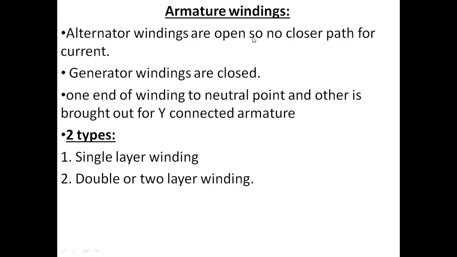In the alternator, there is a definite relationship between the speed of the rotor and the frequency, the generated EMF and the number of poles. You know that f = Pn/120 Hz, and we can write any formula from that. f is equal to Pn by 120 Hz, right?